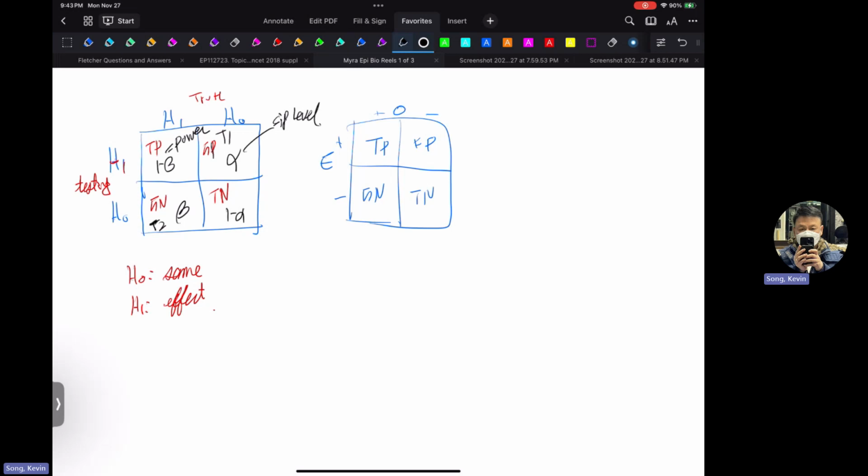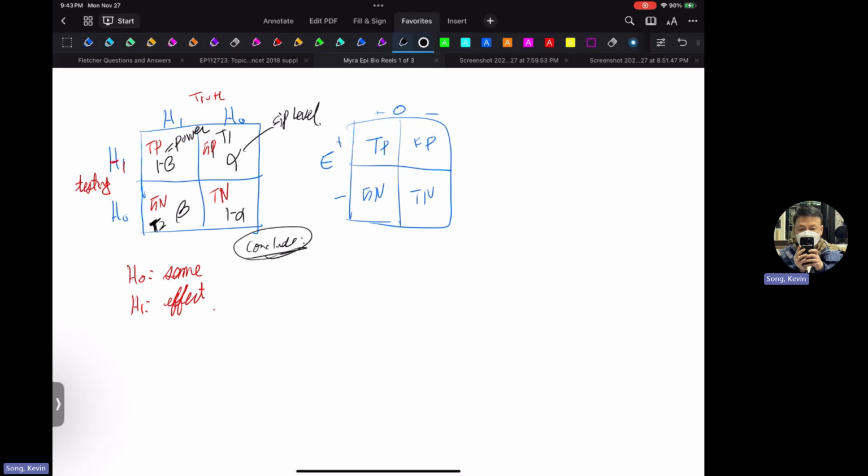Okay, so what happens is that if they conduct the testing, or a clinical trial or whatever testing they do, and then they conclude. That's the important thing. Okay, the conclusion is important.